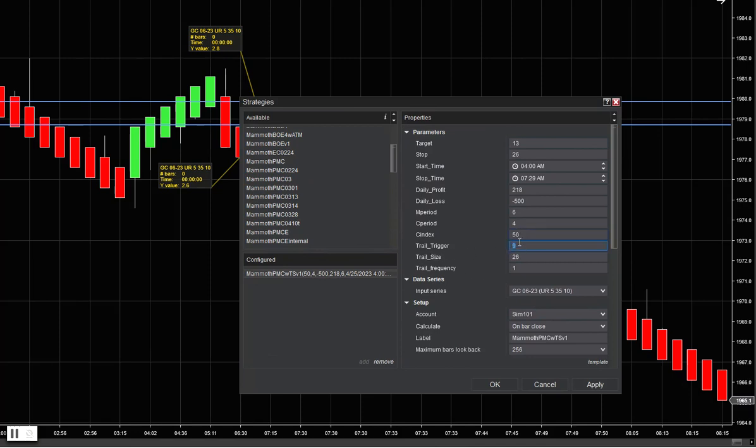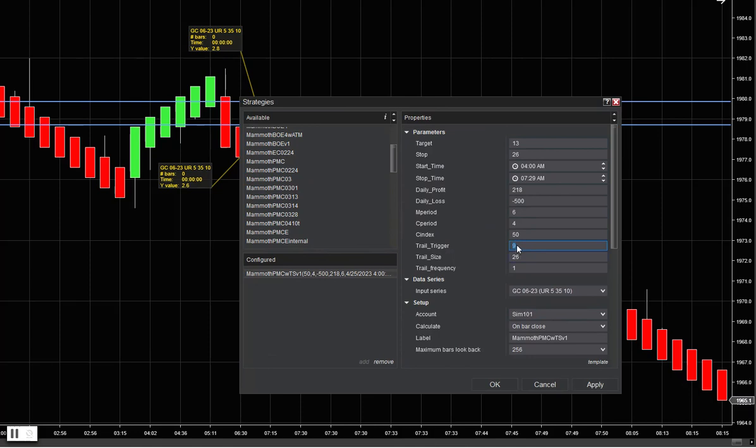It's set as 9 ticks, which means that if the trade moves in the right direction, once it gets to 9 ticks in profit, the stop loss level will be 26 ticks away from the high of the long trade or the low of the short trade. The stop loss will be 26 ticks away from the triggering price.